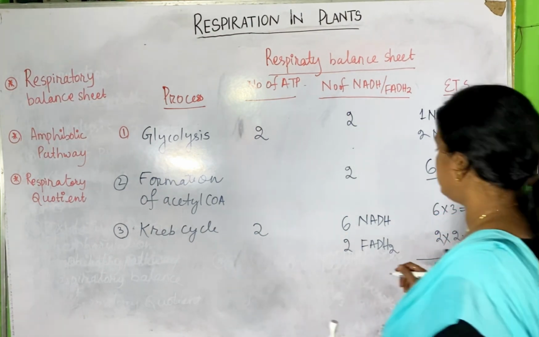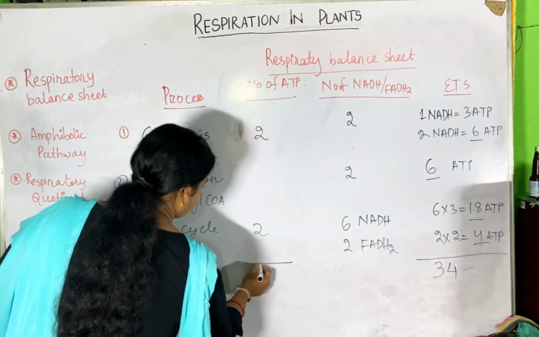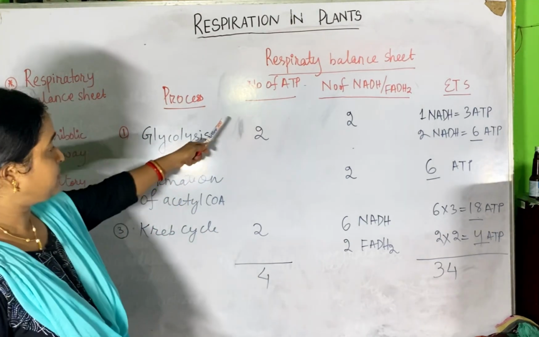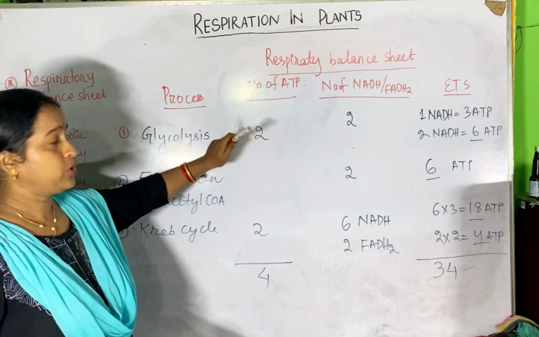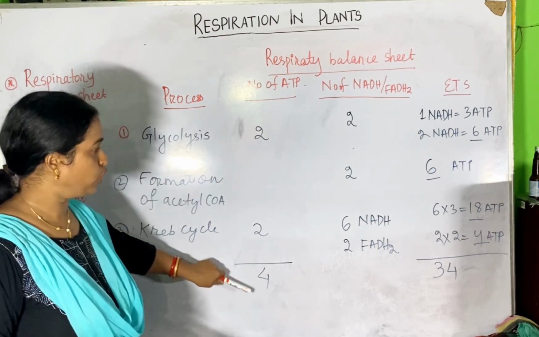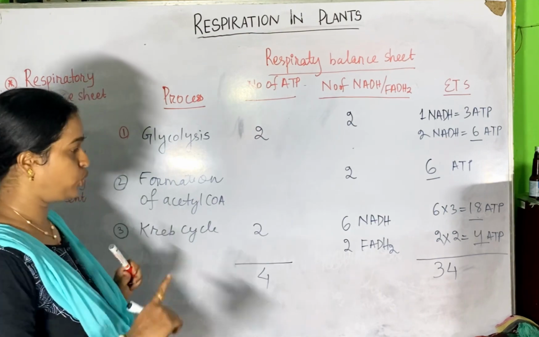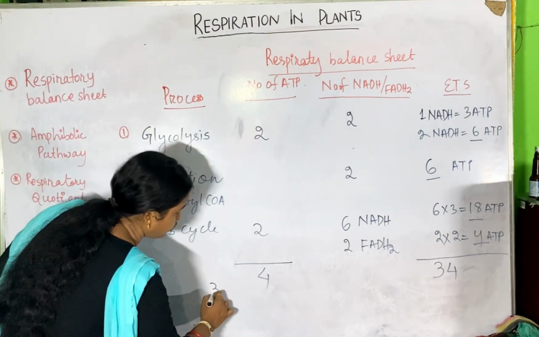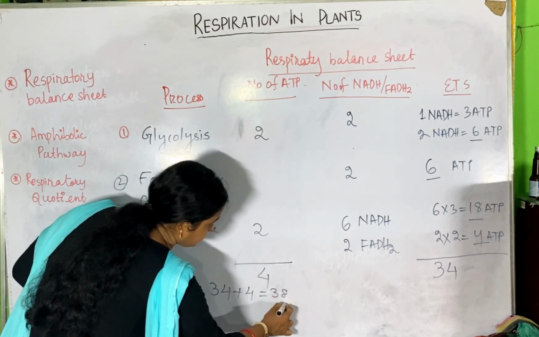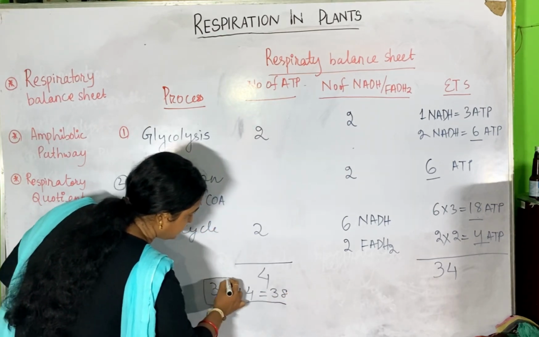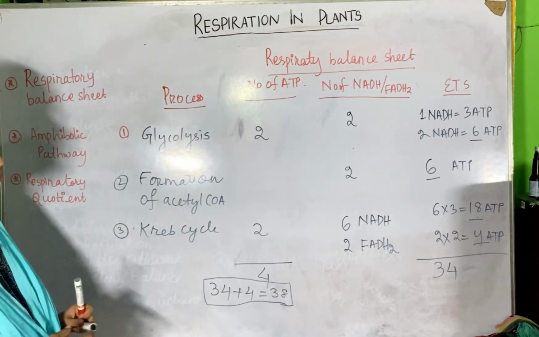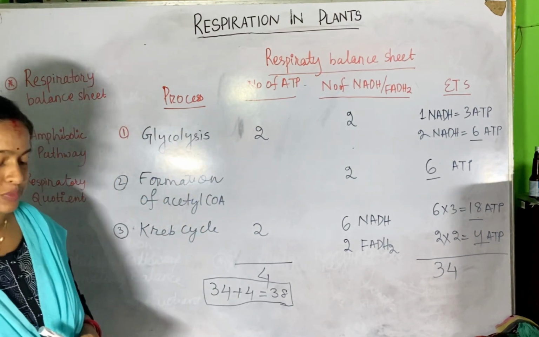And here, 2 plus 2, 4 ATP from substrate level phosphorylation, where the ATP is formed directly. So 34 plus 4 equals 38. This is the total number of ATP formed in the process of respiration.